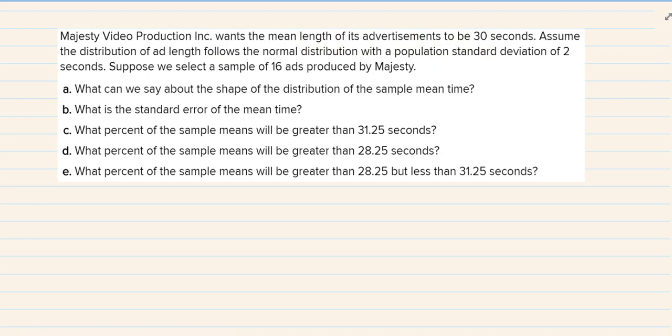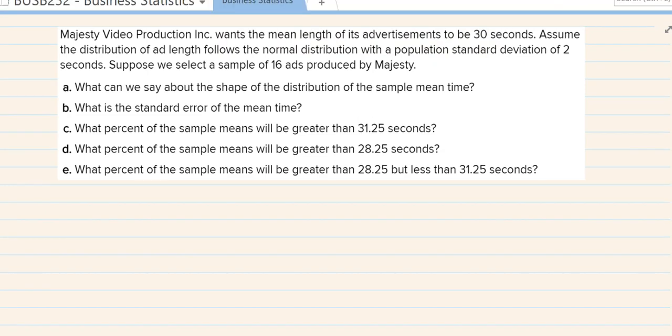Okay, so let's begin with part A. Now in part A, because we were told that the length of advertisements follows a normal distribution, right? We were told that in the second line right in here. The distribution of ad length follows a normal distribution.